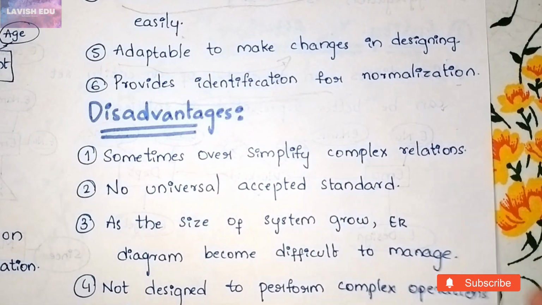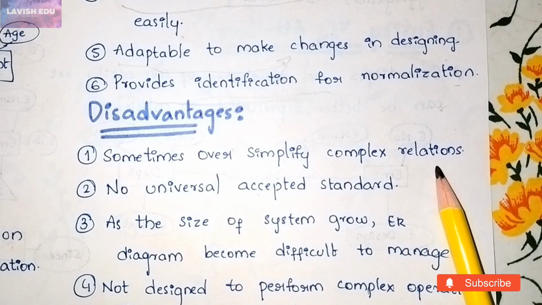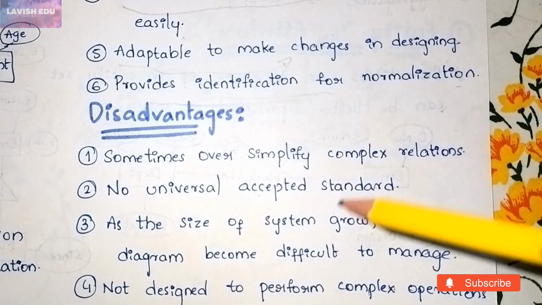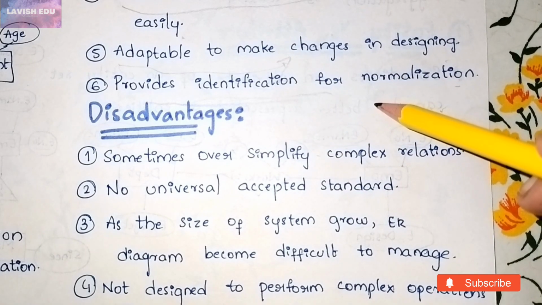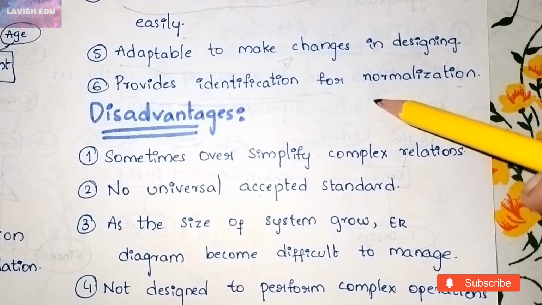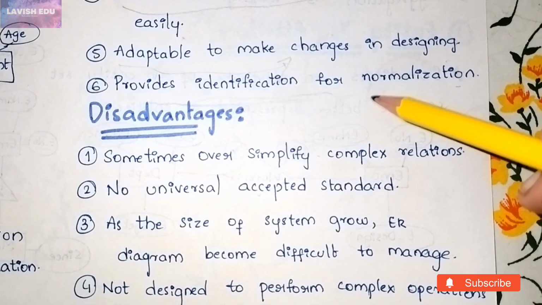It also has some disadvantages, in which it sometimes oversimplifies complex relations. What this conceptual design does is simplify, even if there is no need to simplify as well, it simplifies more than necessary the relationship, which is not essential and not a very good practice.